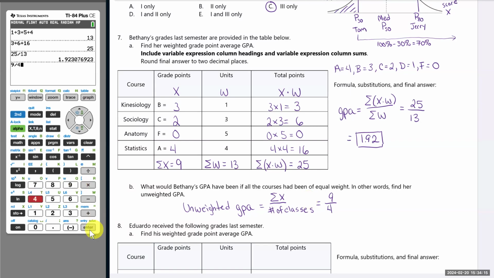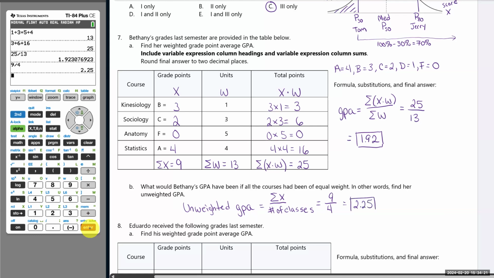And 9 divided by 4 is 2.25. So by doing an unweighted mean, her GPA actually went up because this F wasn't having as big an impact as if it had been weighted. So in the weighted example, F here had actually more importance, higher weight than any other class.